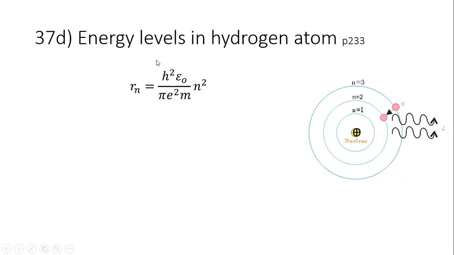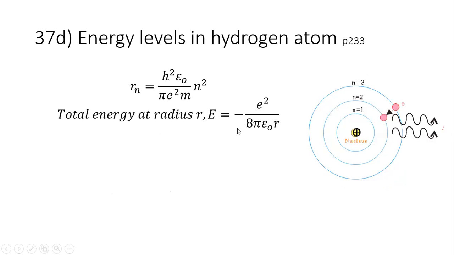So today we start with this Bohr radius. This is our total energy equation. Remember, this r can change to rn. So e squared over 8 pi epsilon naught, divided by rn. We multiply: we take this on top and this becomes the bottom.